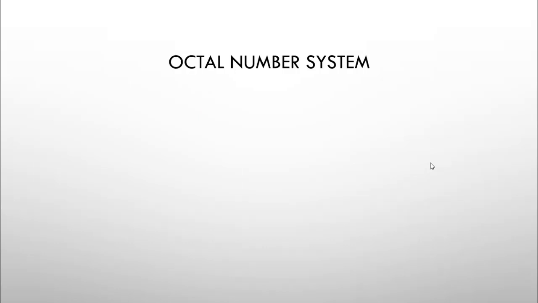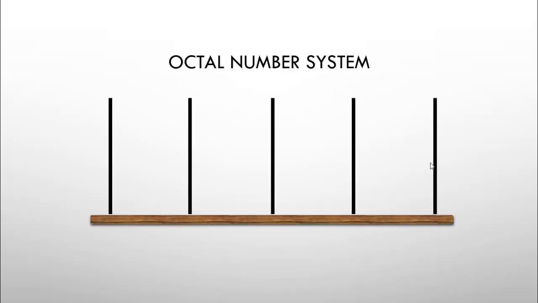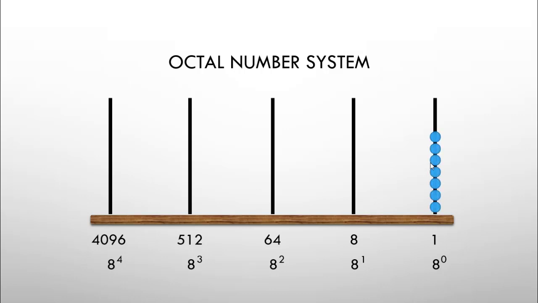Then the octal number system. In the octal number system, we have the base as 8. So 8 to the power 0 to 8 to the power 4 I have written here, and each of these will have the values 1, 8, 64, 512, 4096. We know that it has 8 symbols, so the beads will go from 0 to 7, that is 7 beads maximum in this counting frame.